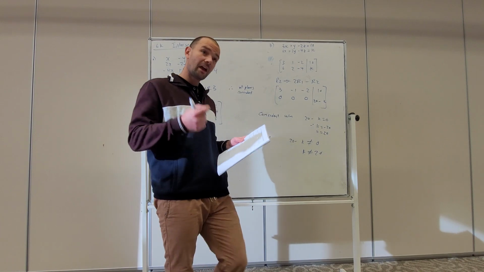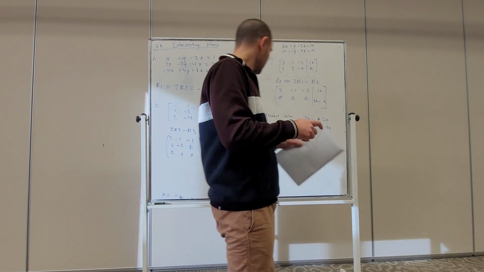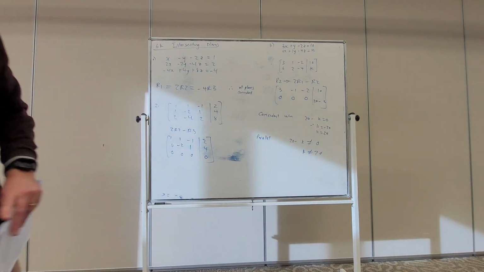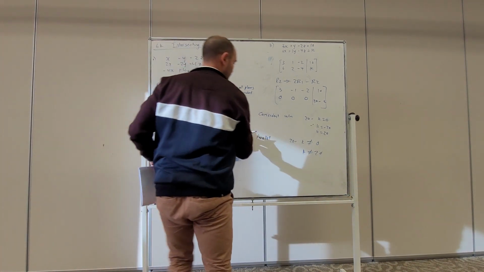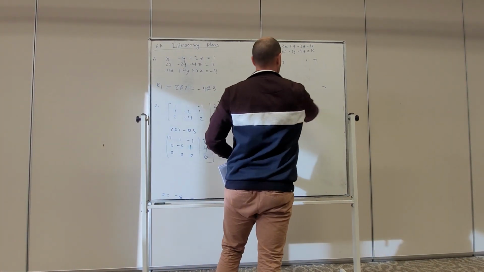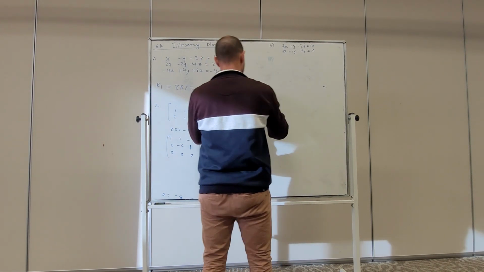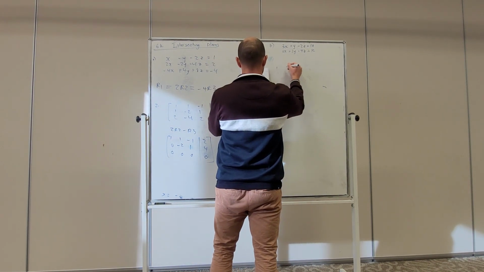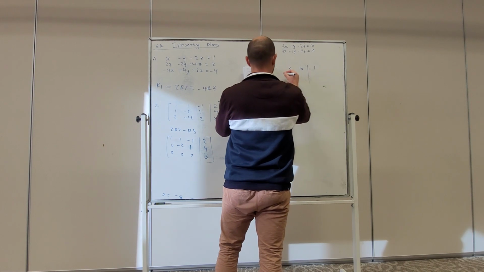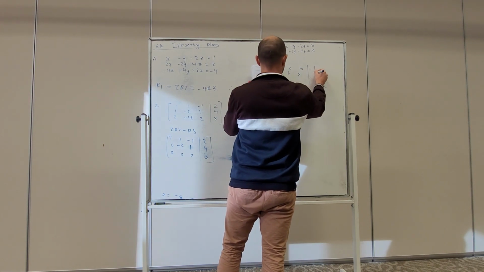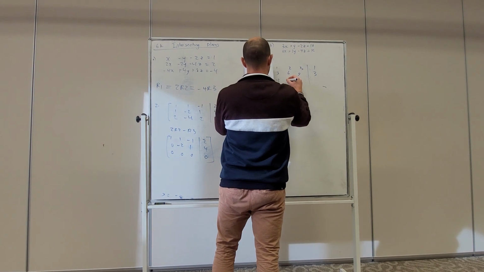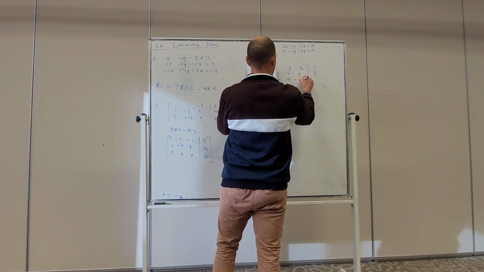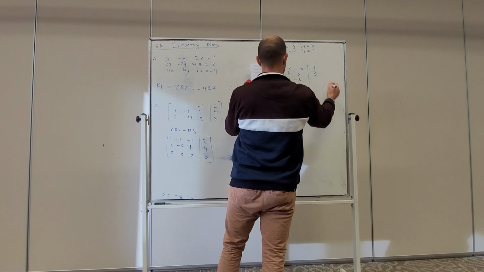I might have to do this one actually, rather than just talk about it. So we've got 1, 2, 3, 1, 3, 6, 9, 3, minus 2, minus 4, minus 6, 2.